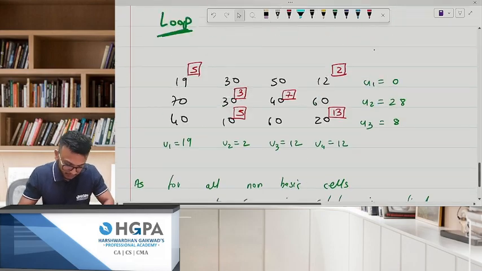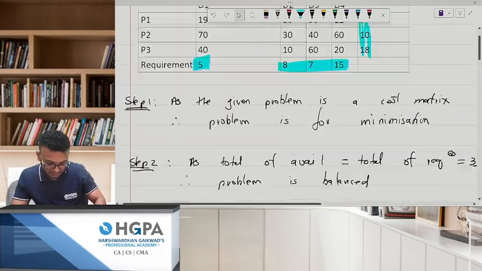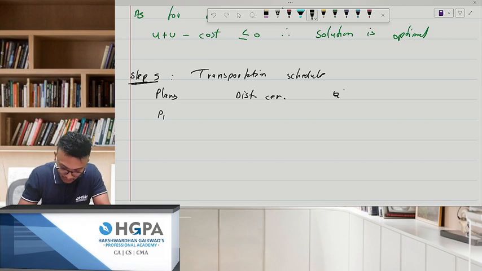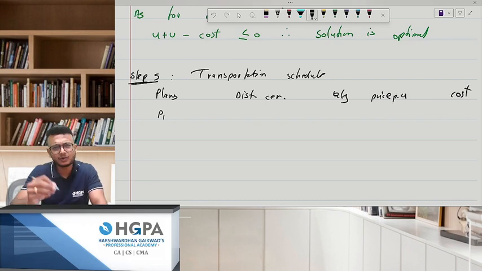This was plants and distribution centers. Next you have your quantity and you have your cost, and I'll write price per unit, and then I'll write cost.